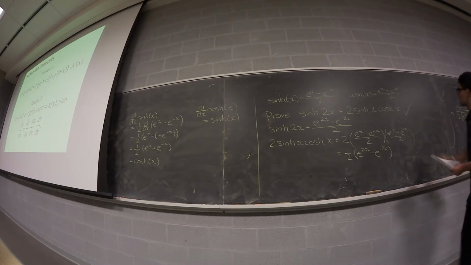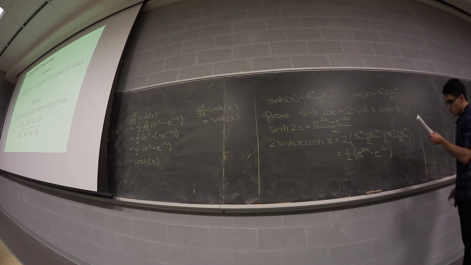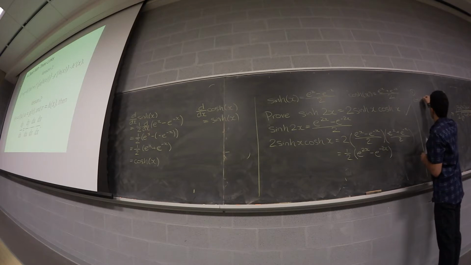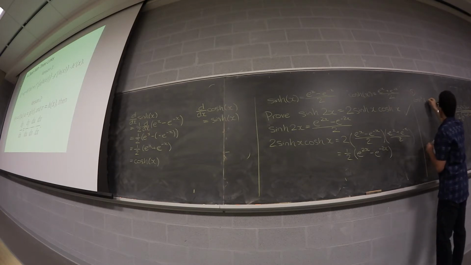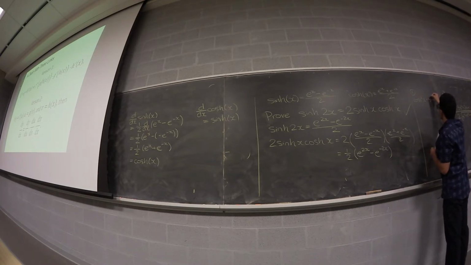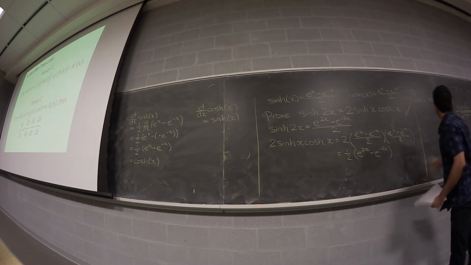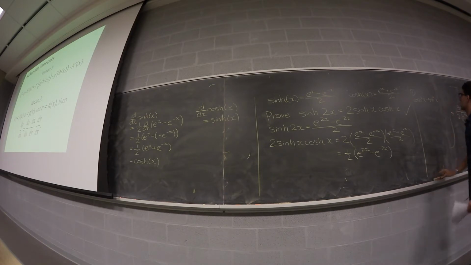All right, so that's one identity. If you feel like fun at home, you can prove these ones. Cosh squared x minus sinh squared x is equal to 1.